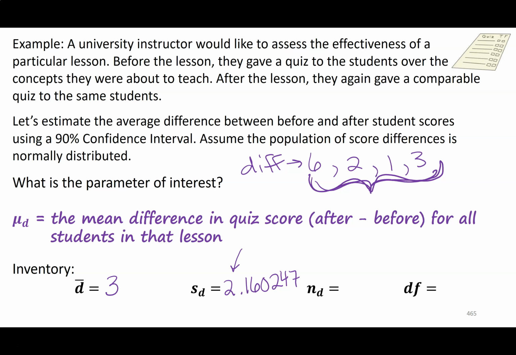It's kind of long. And then, how many students did we have? There were 4 students, so we have 4 differences, so n d is 4. And so the degrees of freedom are n minus 1, or 4 minus 1, which is 3. Our degrees of freedom are a little small here. You pretty much aren't going to want to use t-methods if you only have a sample of 1. It's not going to work out. Degrees of freedom 0 is not a thing for us.